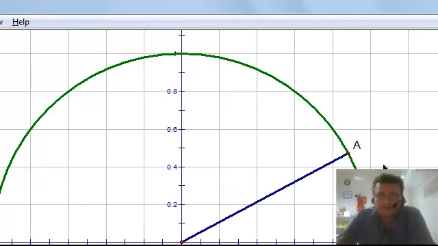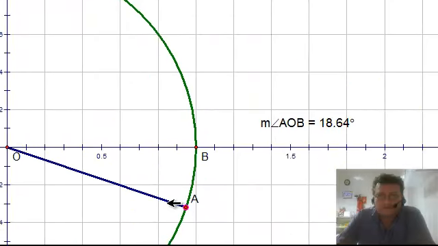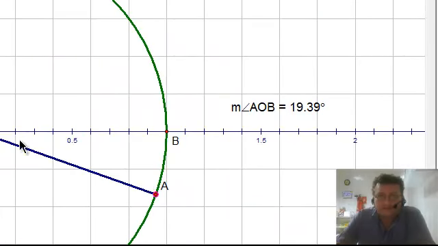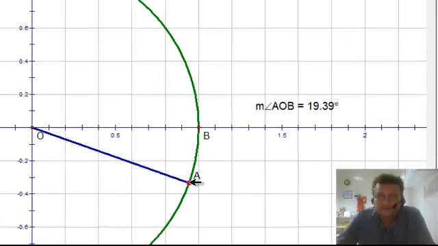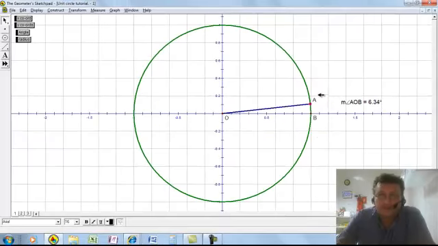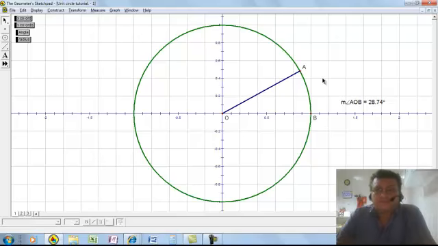Now if I was to do this, very cheeky, I would say that angle here was a negative angle. Now here it just says 19.39. That's the way the software works, but we'd say that was a negative angle. So if I go around anti-clockwise, those are called positive angles, and clockwise, then this angle up here is called a negative angle. Are you still with me? I hope so.